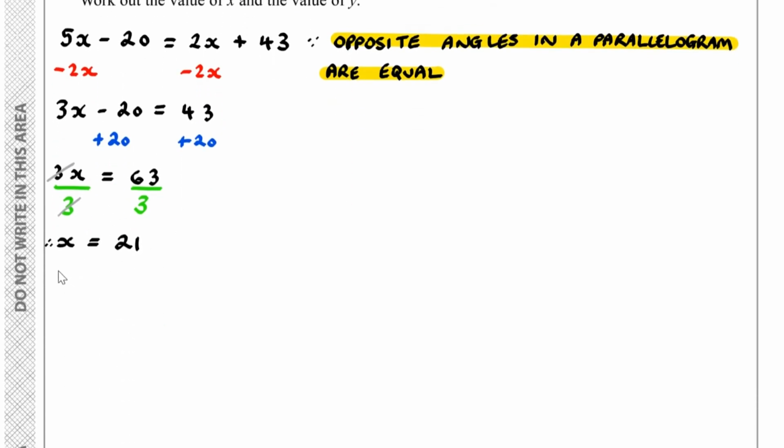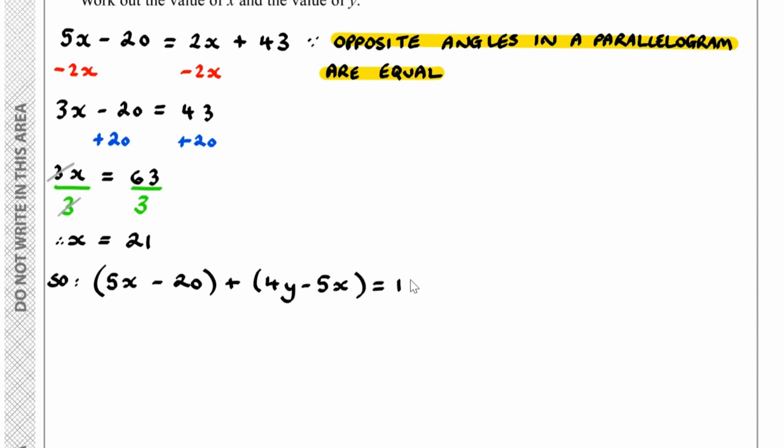So what we have is the 5x minus 20 plus the 4y minus 5x will equal 180. And that's because co-interior angles sum to 180.